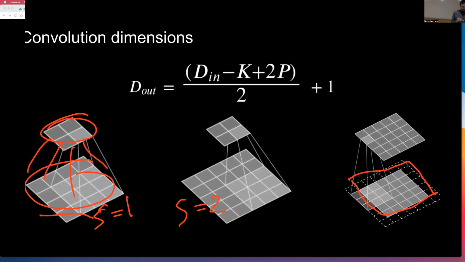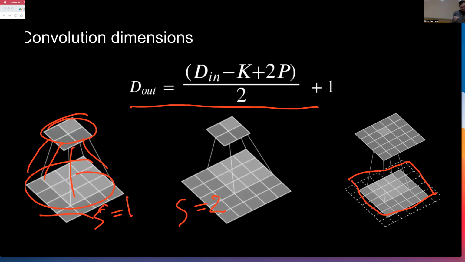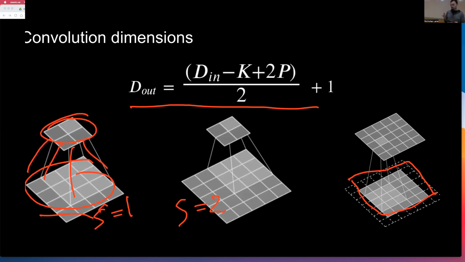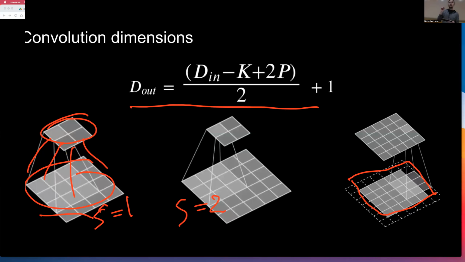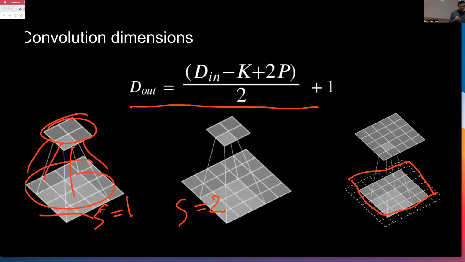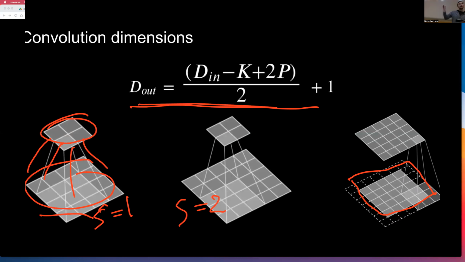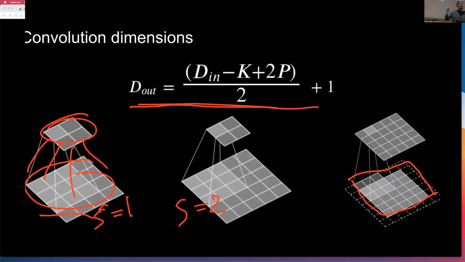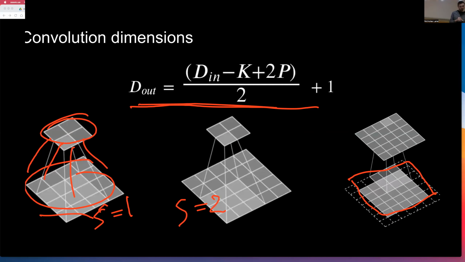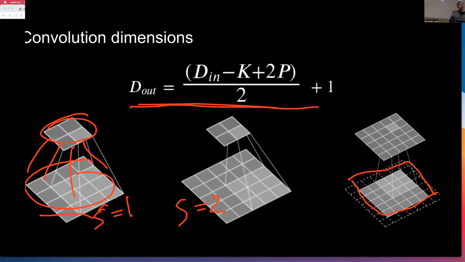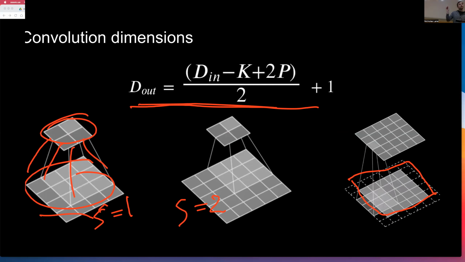Okay. I decided to include this equation because it can help you understand what the dimension translations are from input to output. This equation is interpreted one dimension at a time, and it tells you that if you have a certain input size and a parameterization of the convolution operation, what the output size is going to be.